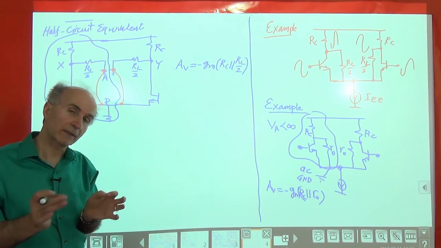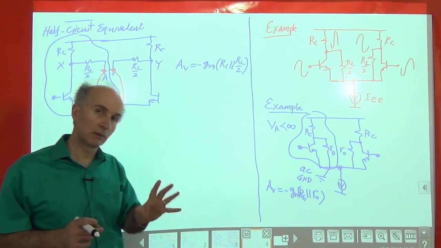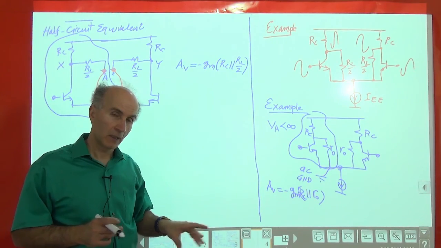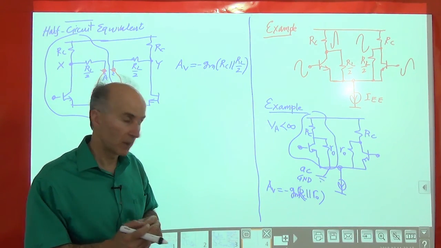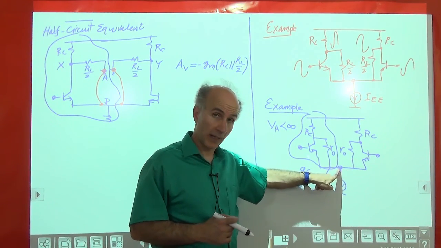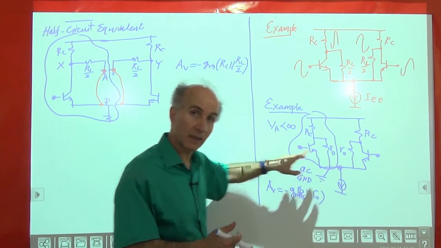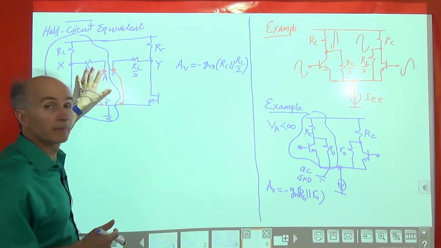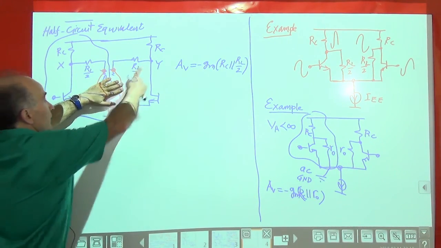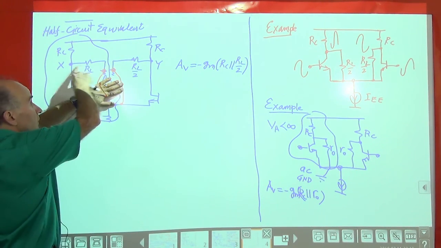So you see that in this step-by-step process, we managed to include the early effect without trying to prove directly that with these two resistors here, this is still AC ground. What I did is I started from here. In the previous case, these resistors did not go to the emitters in the actual circuit, right? They were just connected to each other.